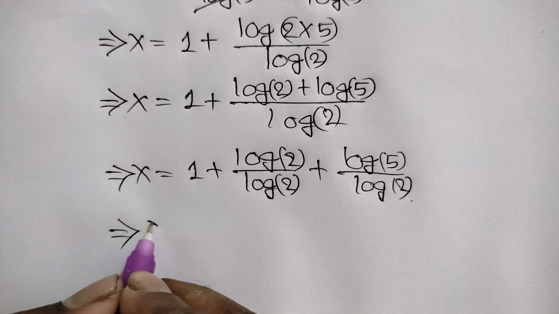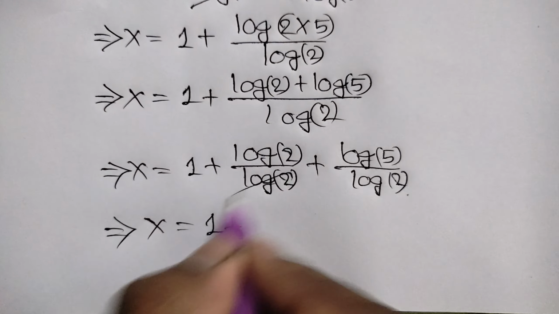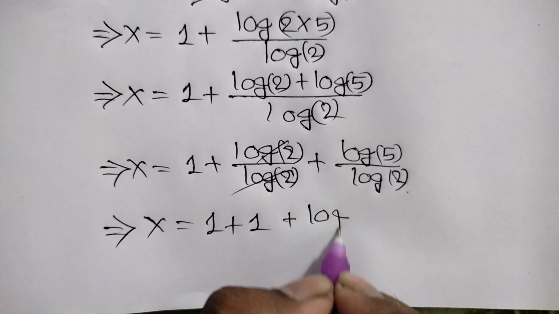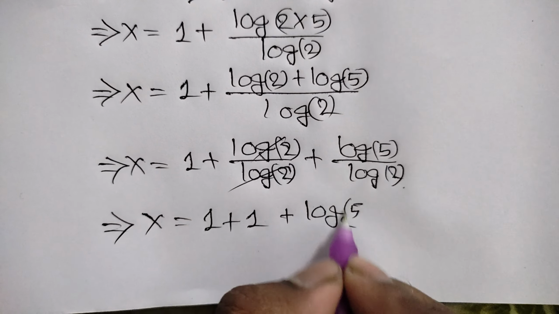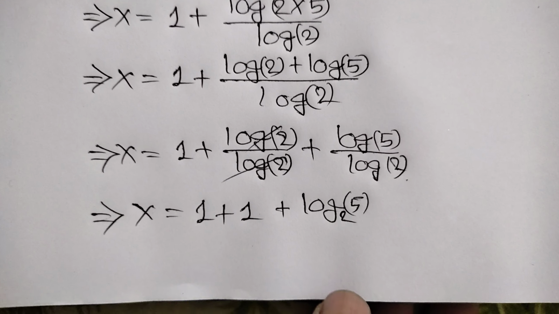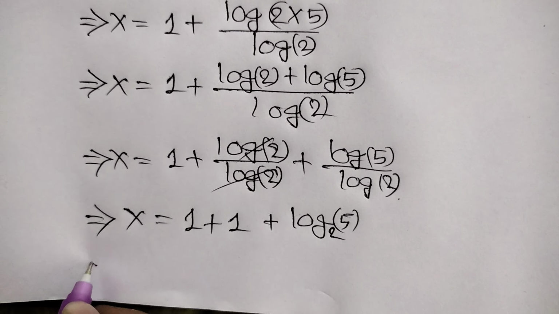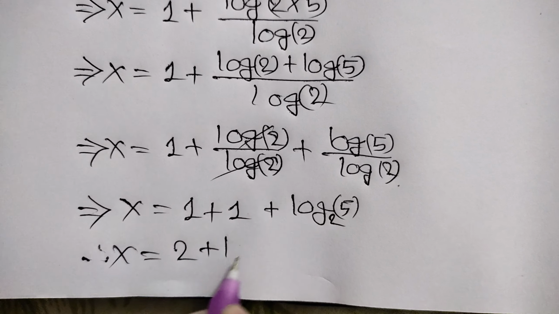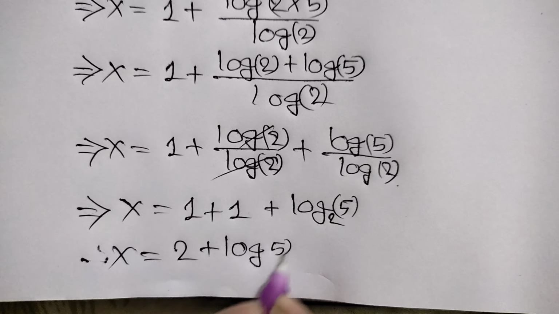Now x is equal to 1 plus, this cancels this, so we will get 1 plus log of 5 base 2. So finally we will get the value of x is equal to 1 plus 1, which is 2, plus log of 5 base 2.